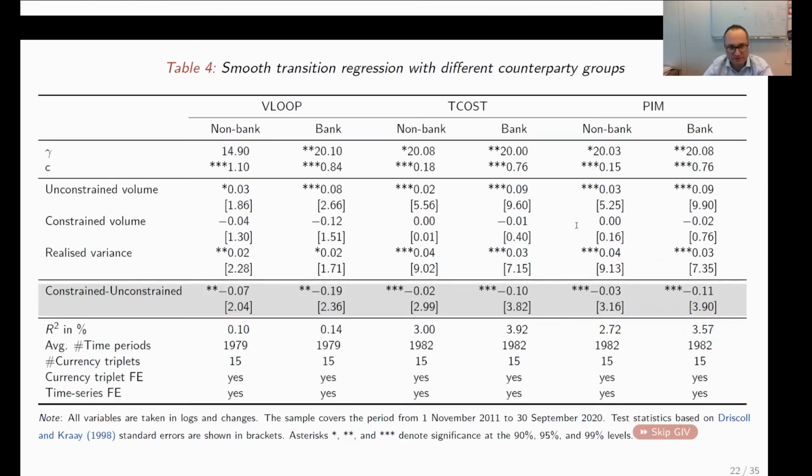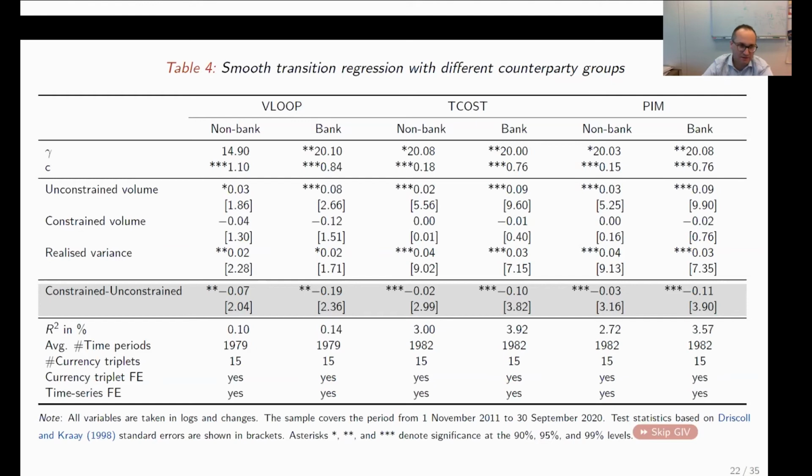We're also looking at disaggregated volume, and this is also quite interesting, where we look at the volume that dealers do with non-bank counterparties on the one hand, versus the volume that dealers do with other banks. And we notice some quite interesting differences in the PIM volume relation, depending on whether it's with banks or non-banks. So generally, we see a much stronger effect for the transactions with other banks.